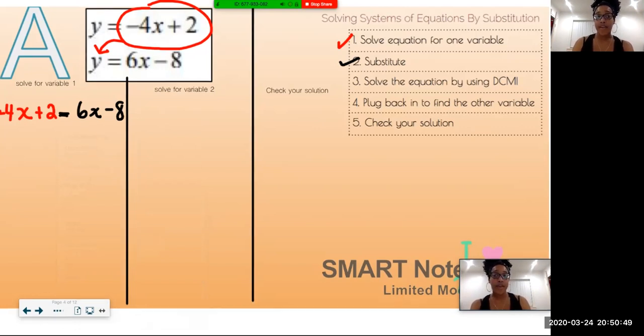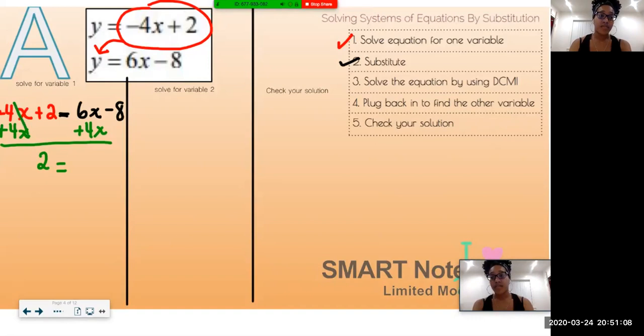So because this is a minus 4x, the inverse will be adding 4x. And remember, what you do to one side, you must do to the other. So these are inverse operations, so they give me 0. And I am left with 2 is equal to 6x plus 4x is 10x minus 8.